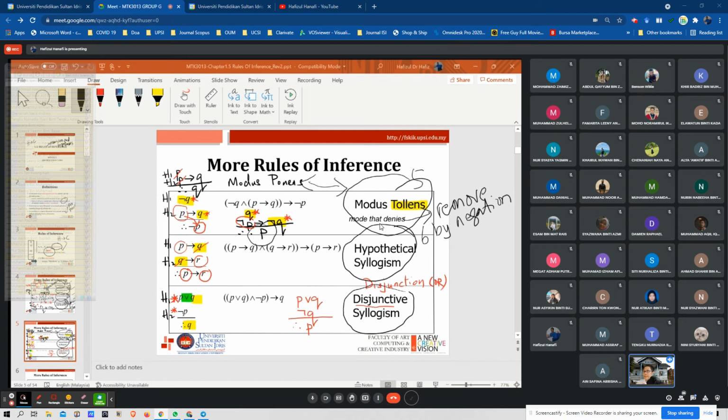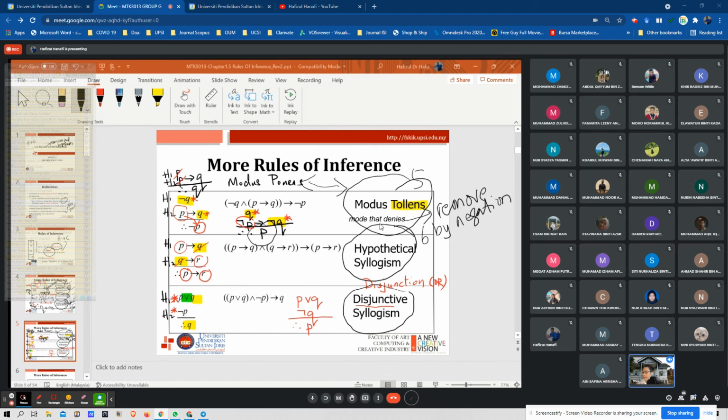And then we have disjunctive syllogism. The disjunctive rule of inference is the fourth rule of the 10 rules of inference in propositional logic. We have 10 rules, and this one is some of them.